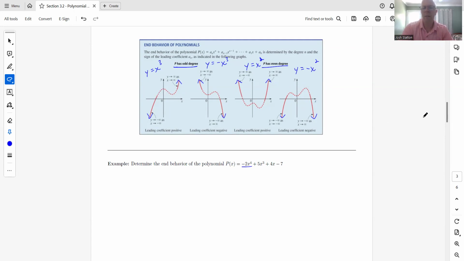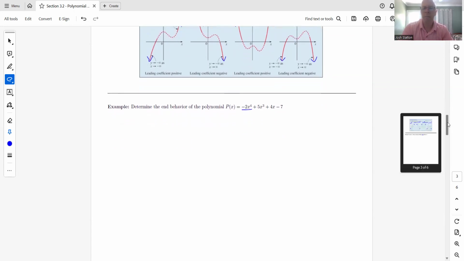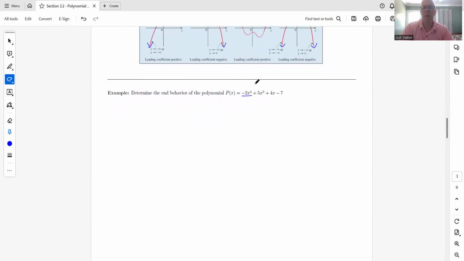So if we look at this one, negative 2x to the fourth is our leading term. This is an even degree, so the degree is 4, and the leading coefficient is negative 2. So we are going to be on this one. Again, for x to the 4th it doesn't matter what happens in the middle, but we do know it's going to look like this.